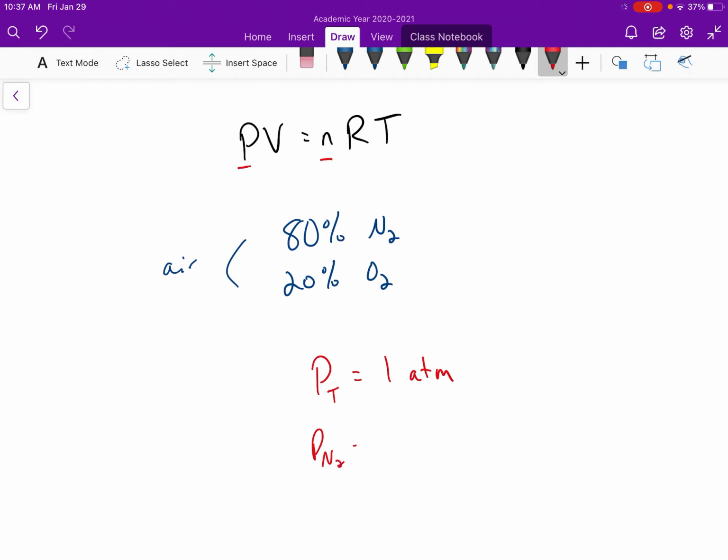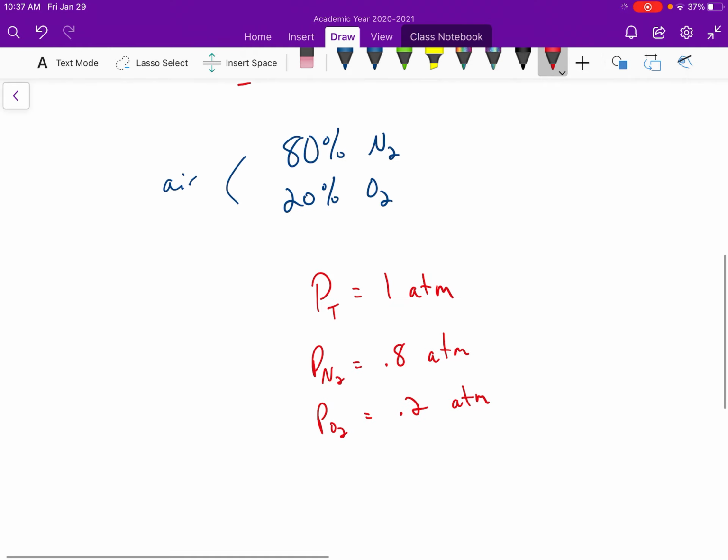The pressure of nitrogen is going to be 0.8 atmospheres, in other words, 80% of the air. And then the pressure of O2 is going to be 0.2 atmospheres, right? And then together they would add up to be 1. So you see what I mean? As long as you know the breakdown of the mixture, then we also know the breakdown of the pressure because they're directly related. Okay? So hopefully that makes sense.